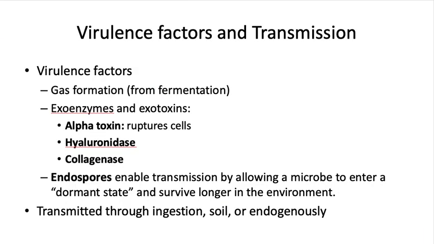More extra information about Clostridium perfringens. The gas formation from fermentation is a virulence factor. It has some exoenzymes we've seen already, so we've already defined these with staph. Hyaluronidase digests that hyaluronic acid.